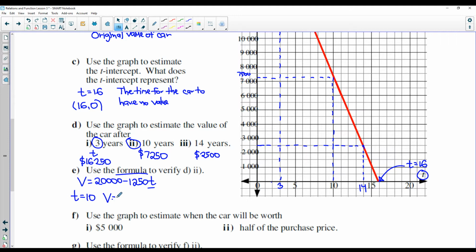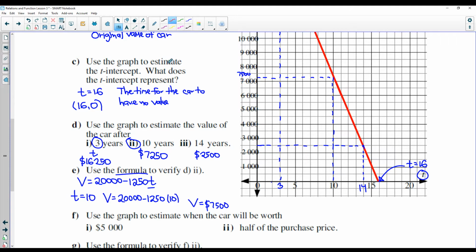So V equals 20,000 minus 1250 times 10. Again, when you sub stuff in, put it in brackets. 1250 times 10 is 12,500, and 20,000 minus 12,500 is 7,500.